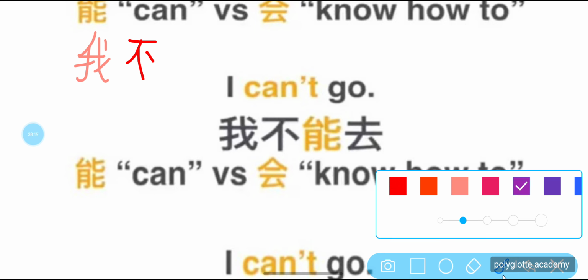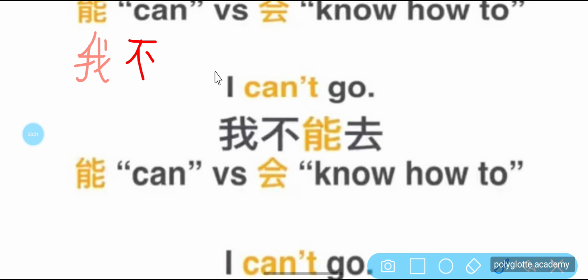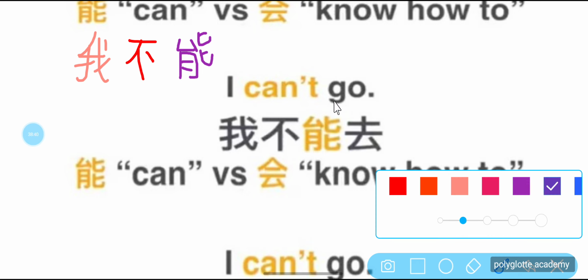The next character will be nung. And the next character here is chu.